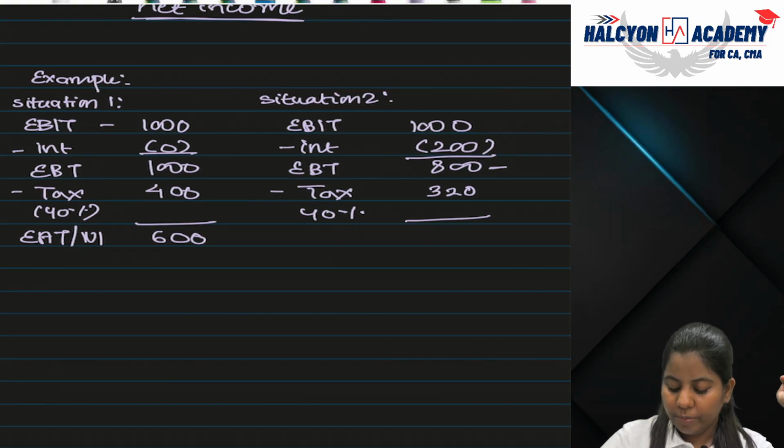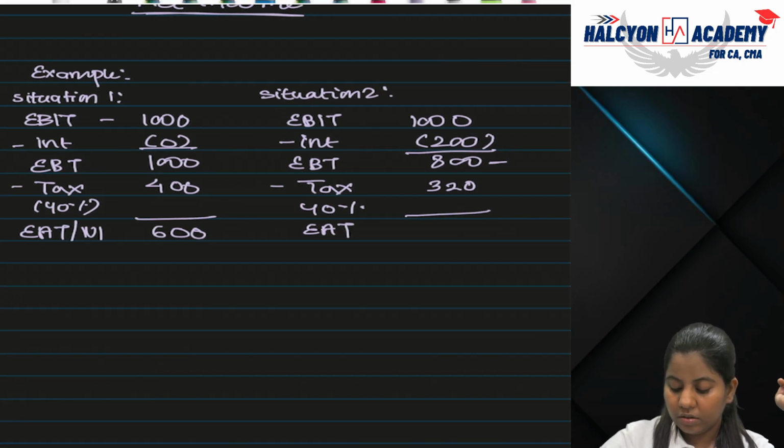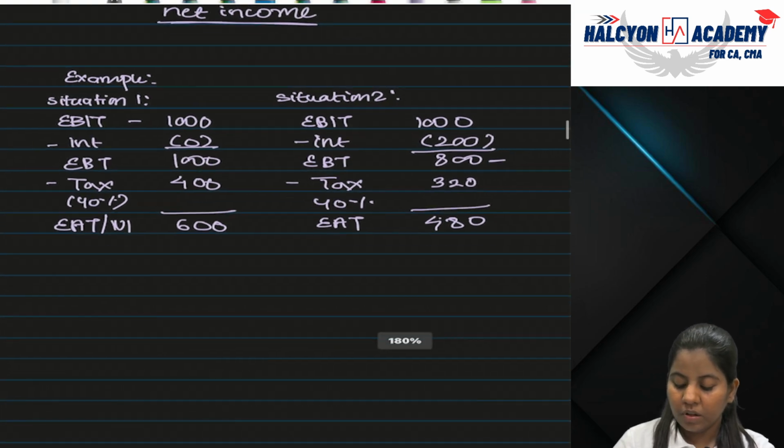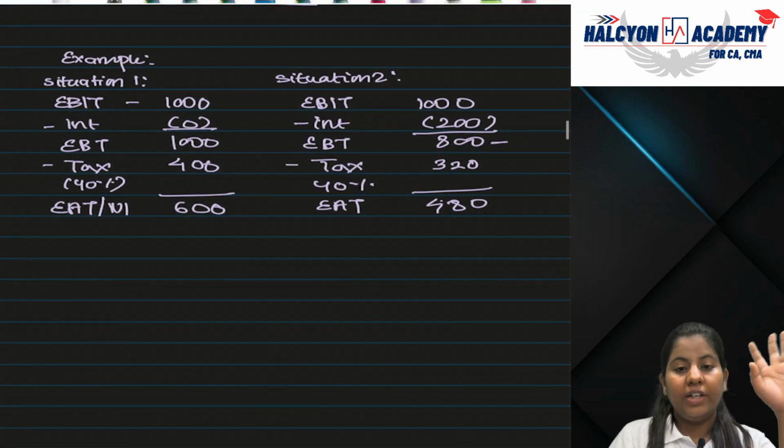So, what will be the final answer? What will be our EAT? It will be 480. Okay. So what is the difference in two situations?